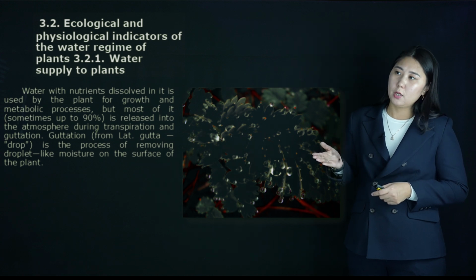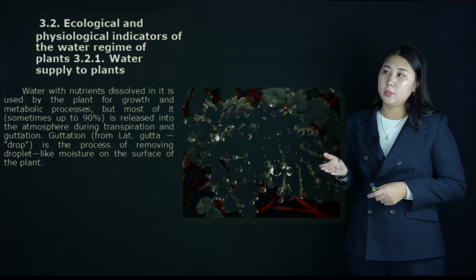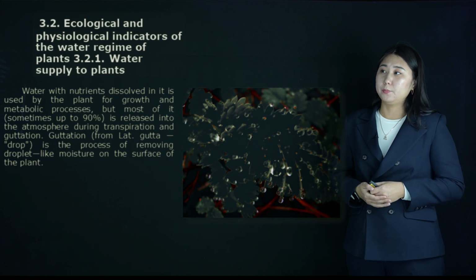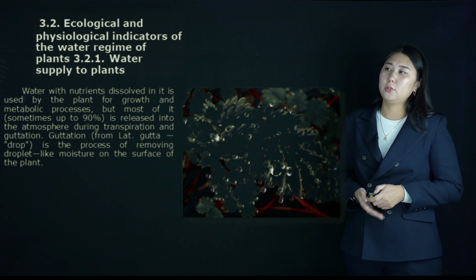In this picture, you can see the process of transpiration by the leaf of the plants, and guttation. Guttation is the process of removing droplet-like moisture on the surface of the plants, like in this picture.